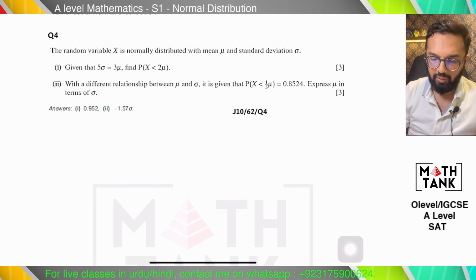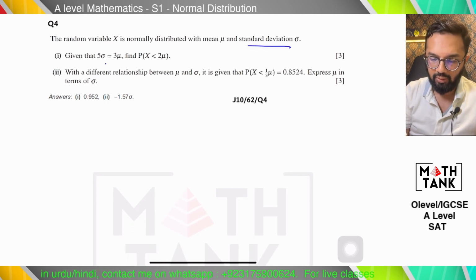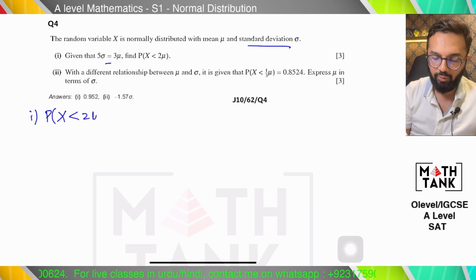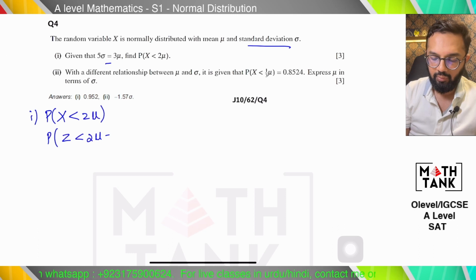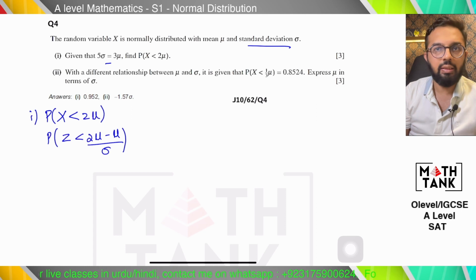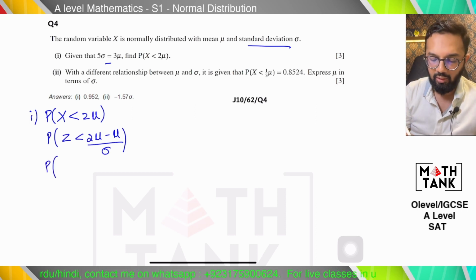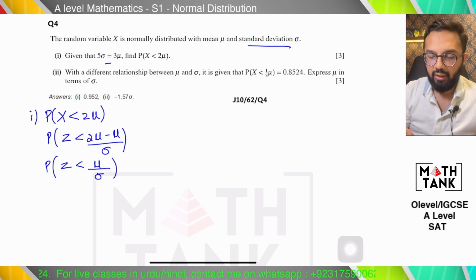It says a random variable x has a mean and standard deviation this, given that 5 sigma equals 3 mu. Probability of x less than 2 mu. Minus mu over sigma first. Minus the mean and divided by the standard deviation. So I have z less than mu over sigma. Then what equivalency do I know?